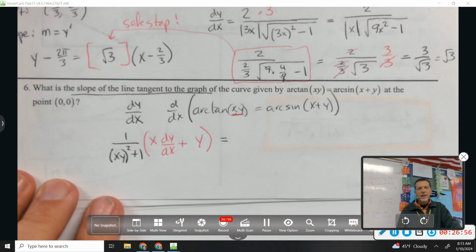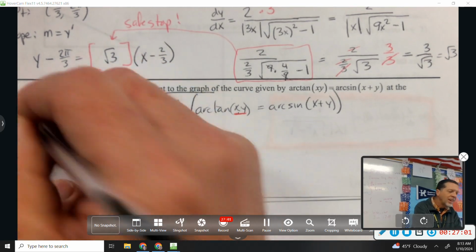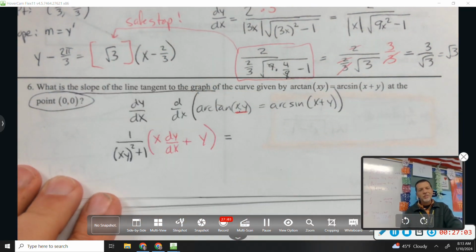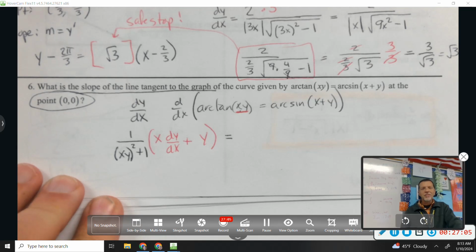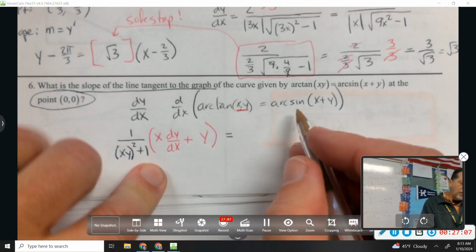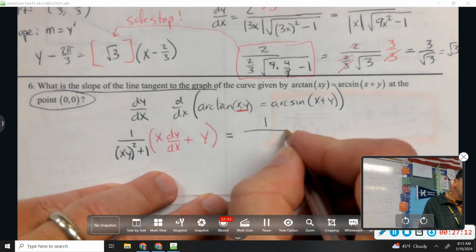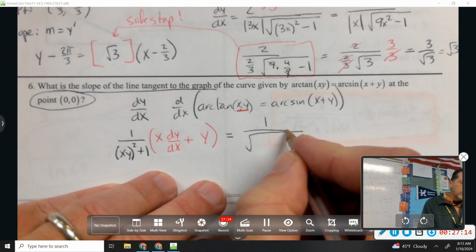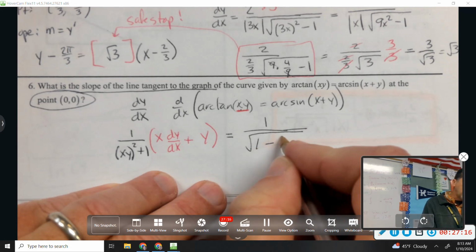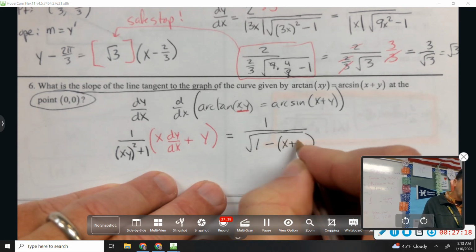On the other side, I guess the only nice thing that's coming is eventually I get to plug in 0, 0. So hopefully we wipe out a whole bunch of stuff after we carefully take our derivative. Okay, arcsine, that's 1 over, arcsine has a square root, and it's 1 minus argument squared.